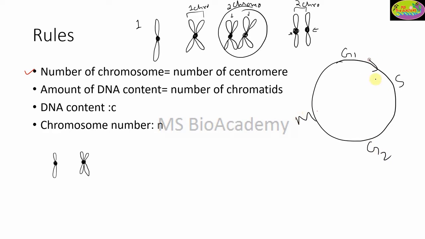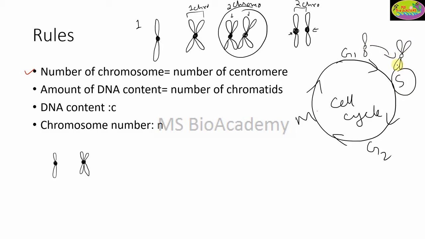It always goes this way. This is your cell cycle. In the S phase we know that the DNA gets replicated. So if the chromosome is like this, during the S phase it will be replicated, meaning it will form its own copy. So one more copy is formed here.